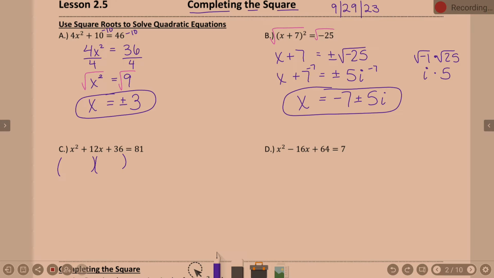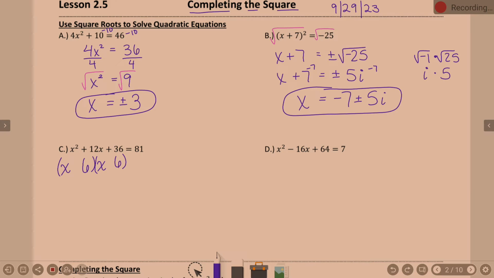If we factor x squared plus 12x plus 36, what do you know about x squared? X and x. You should be able to come up with your numbers pretty easily. Multiplying to be 36 and adding to be 12. 6 and 6.